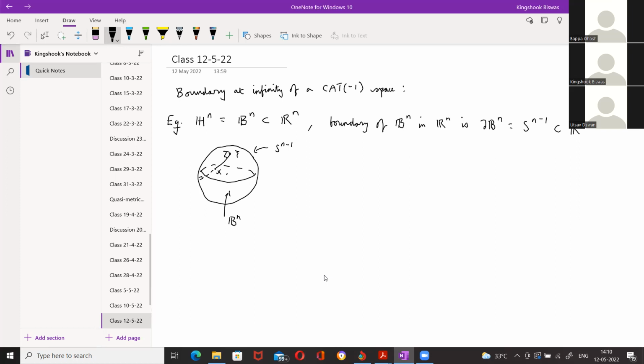Why are the arcs of circles perpendicular to the boundary? So we can look at the upper half space model. Okay, let's look at the upper half space model. Fine. Then what do we do?